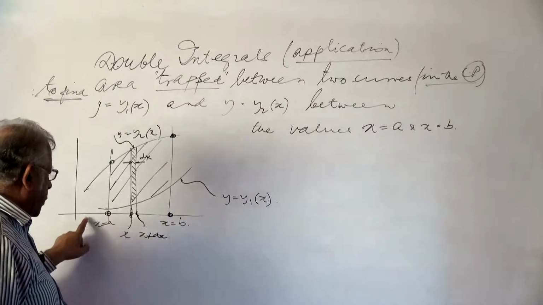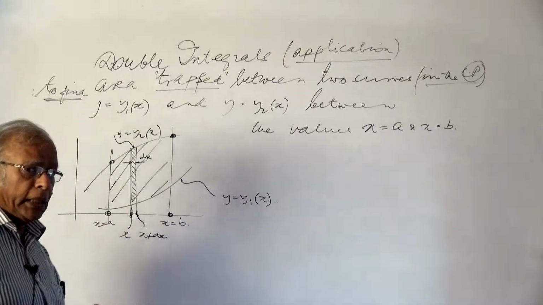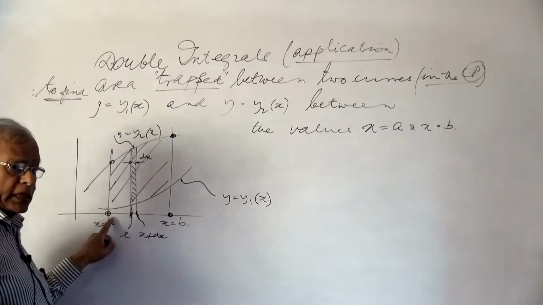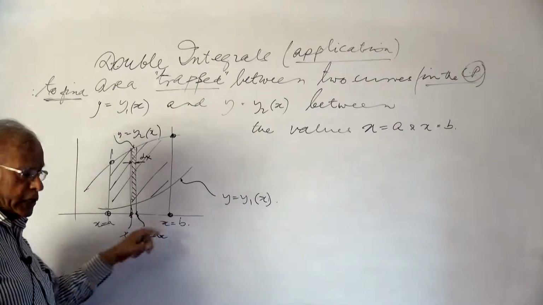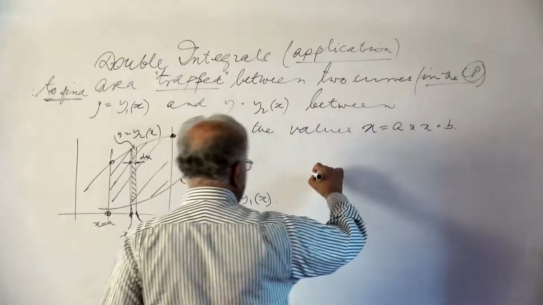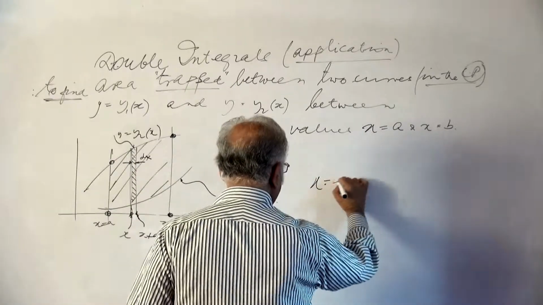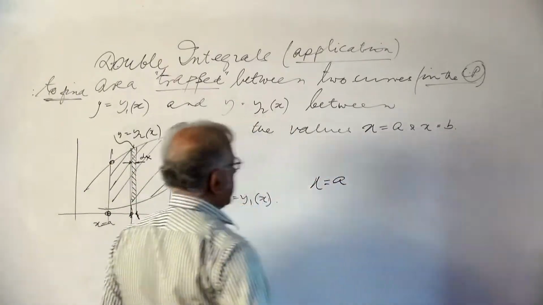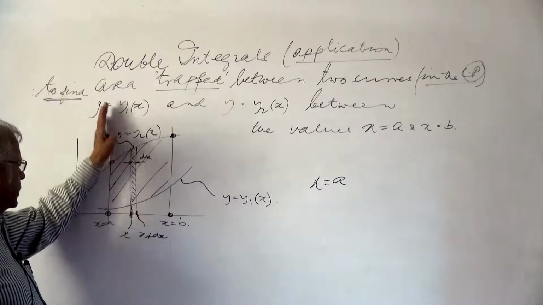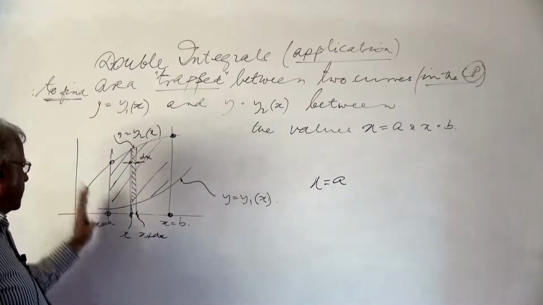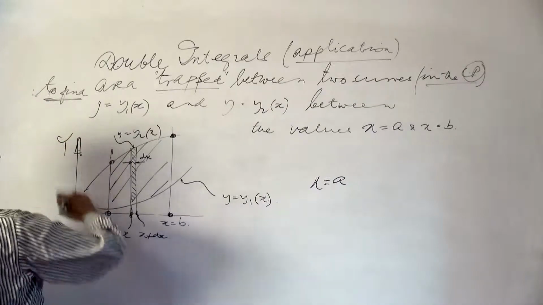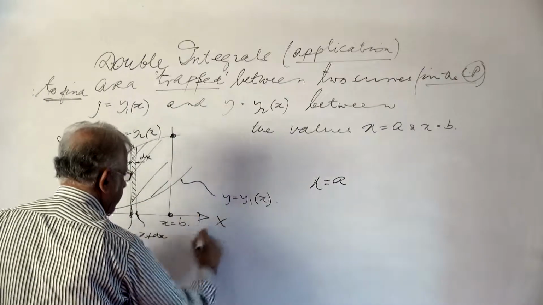This x = a, many students believe that it's just a value on the x-axis, and x = b is a value on the y-axis. But it's important to realize that when we talk of x = a, in a two-dimensional plane, it actually is a line that is parallel to the y-axis and at a distance of a units from it.